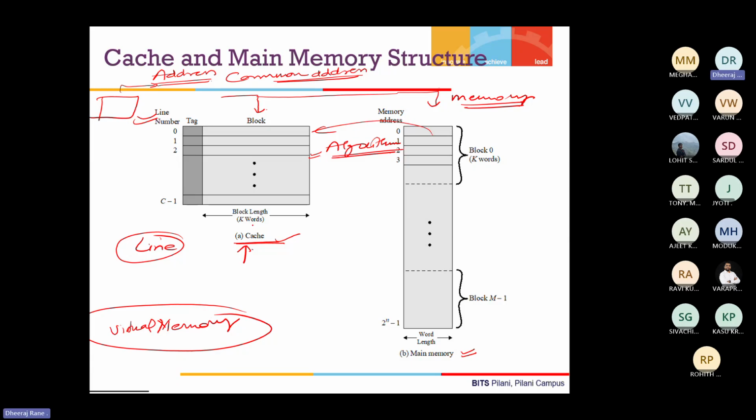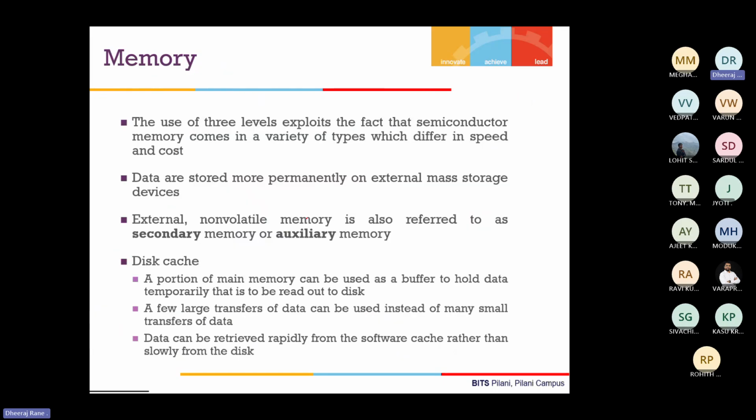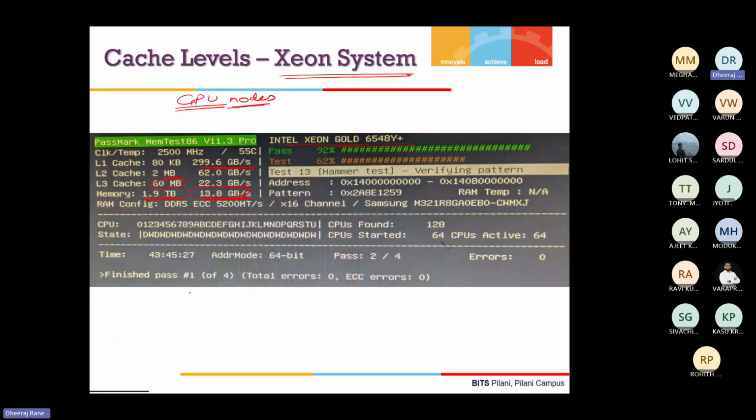Now, your question may be about the size. Why? Because the size of cache and the size of your main memory will vary considerably, right? If you see the difference, it is 60 MB. Even if I compare with L3 cache, right now we are not considering L1 and L2.